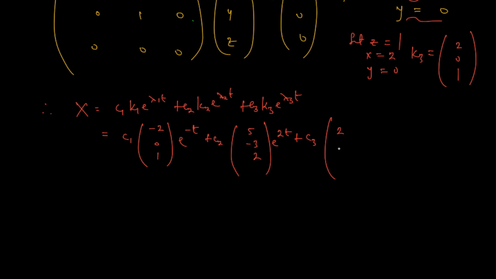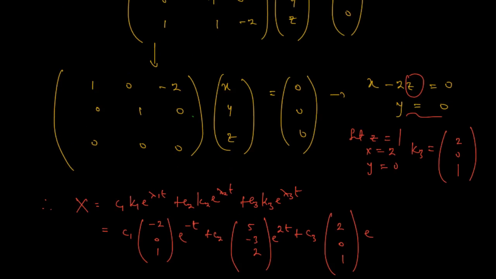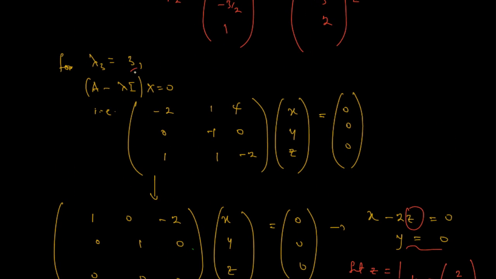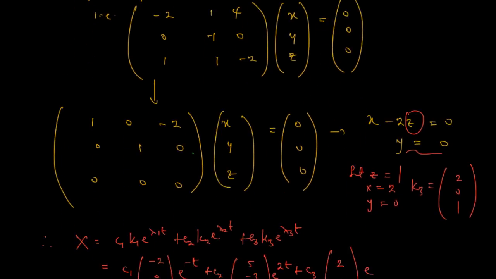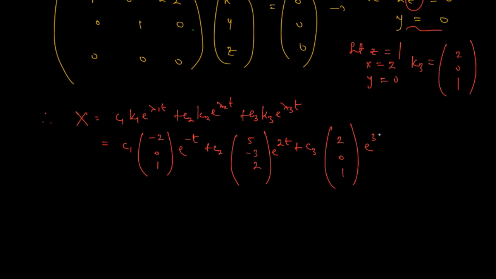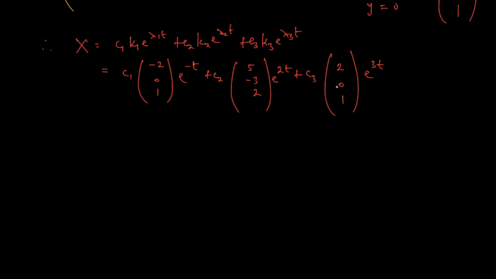Our k3 is 2, 0, 1, and it corresponds to the eigenvalue 3. I almost forgot that: e to the power 3t. So that's what we have for the general solution.